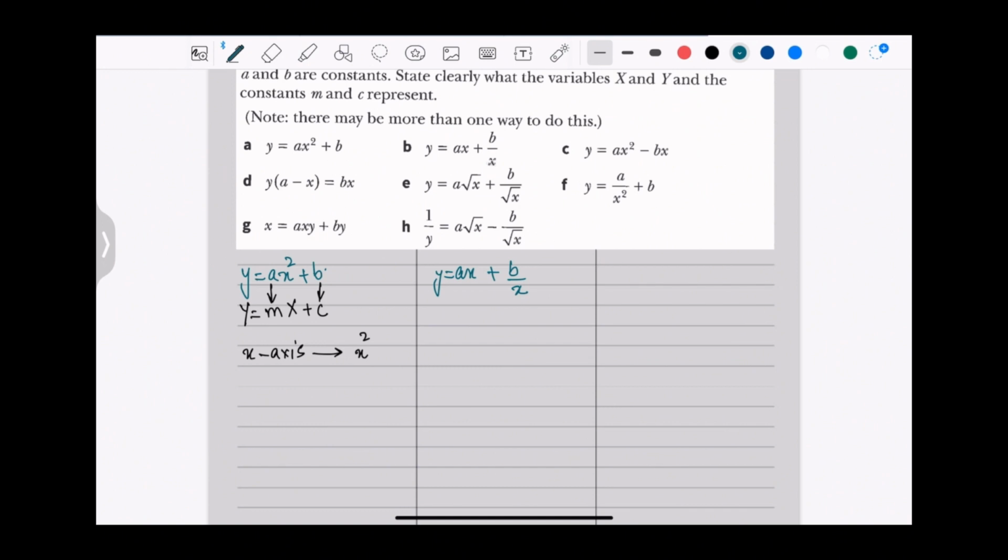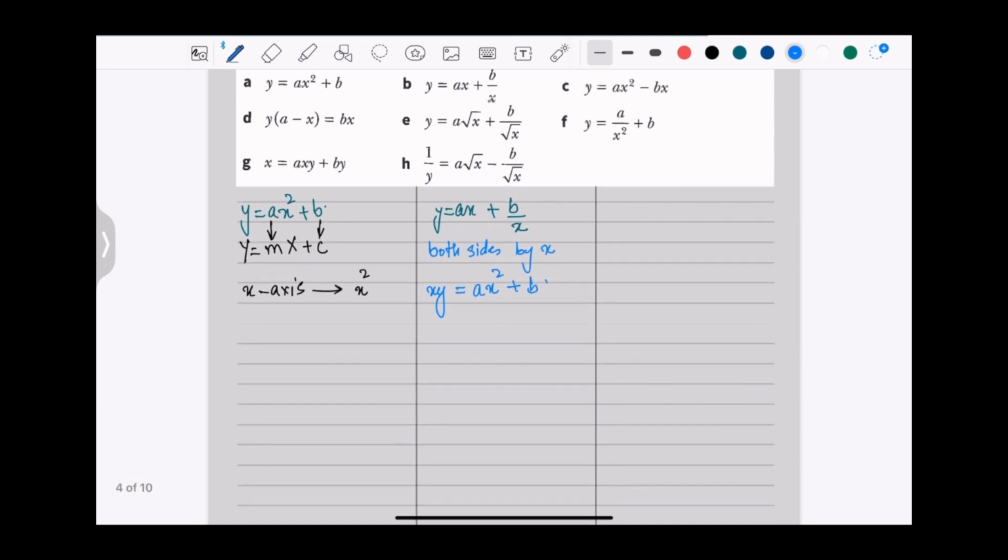The same goes if we see another question: y equals ax plus b over x. There can be many other solutions, by the way, to a question, so it depends how you take it. If I multiply both sides by x, I will see that xy equals ax squared plus b, where this is y, this is m, this is X, plus c.